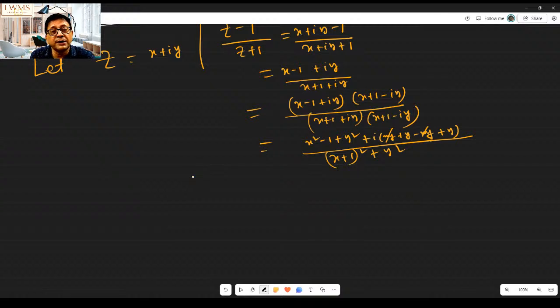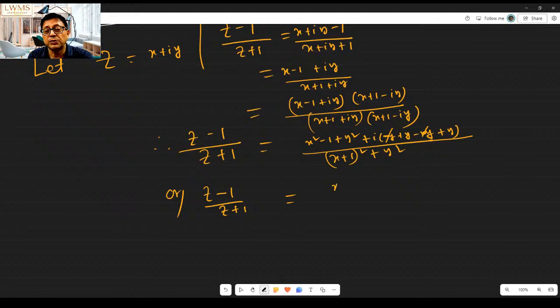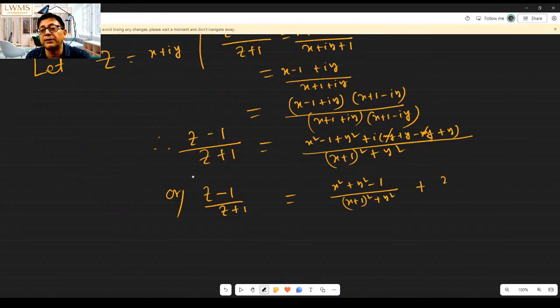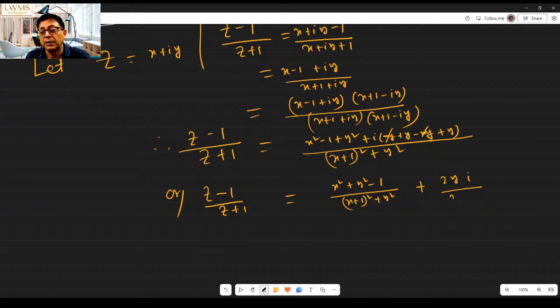So what have you got here? z minus 1 by z plus 1 equals x square plus y square minus 1 over the denominator, plus i times the other part. My aim is to express it in x plus iy form. Clear?